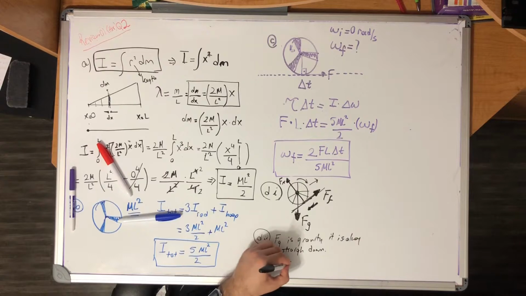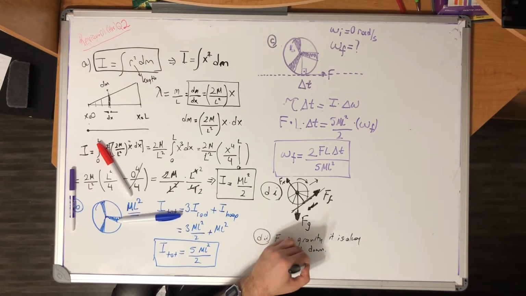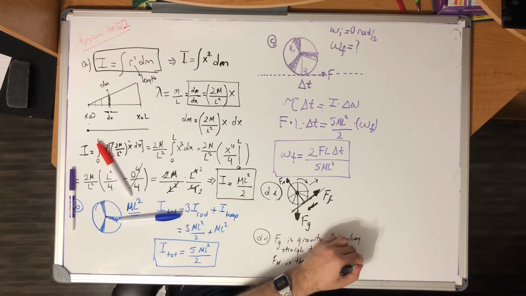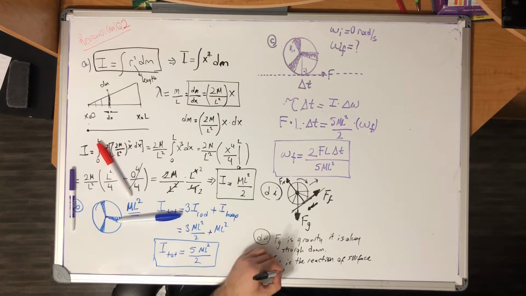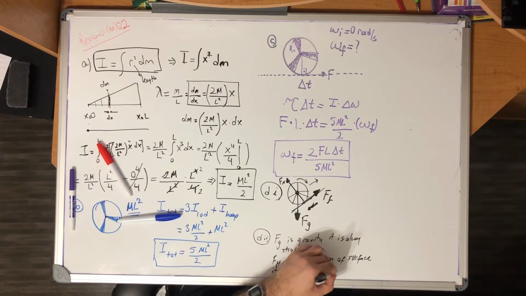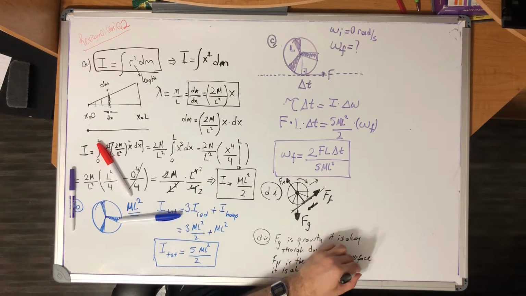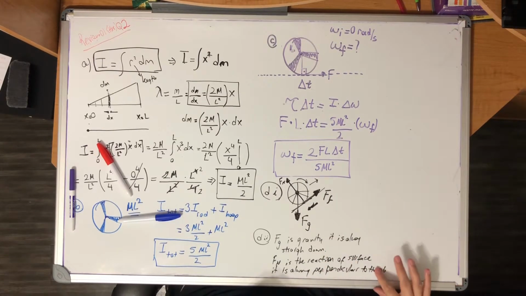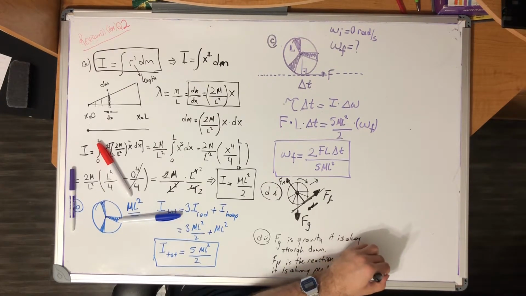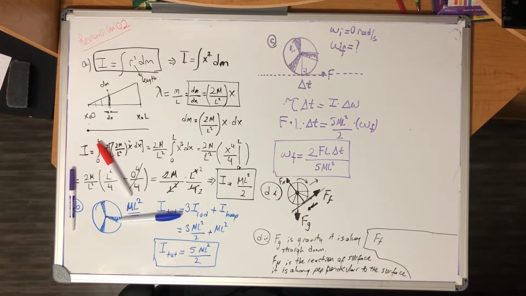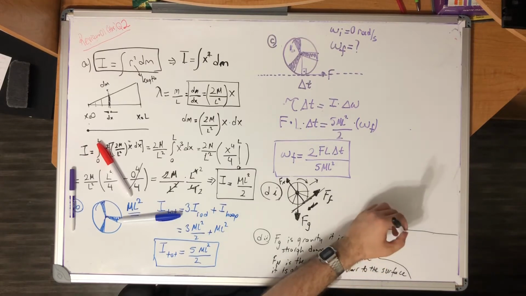Fn is the reaction force of the surface. It is always perpendicular to the surface. So friction force is basically going up.